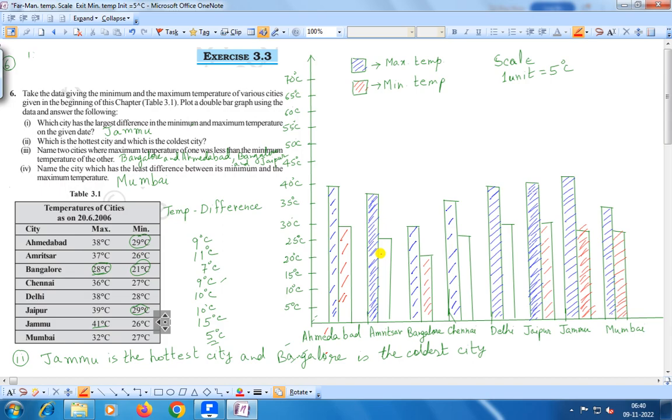Right, these bars are in red color. You see this is red. This is also red. That is the minimum temperatures represented by shading by red color, right? Shading by red color.